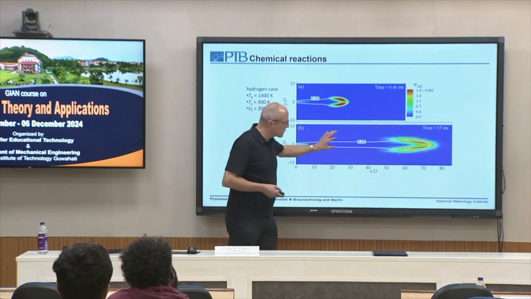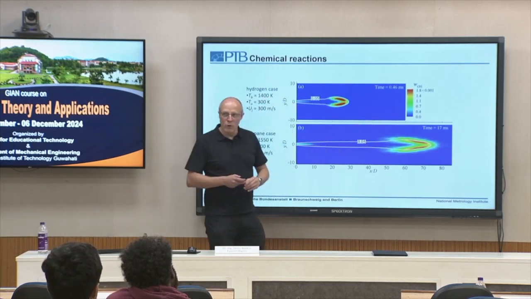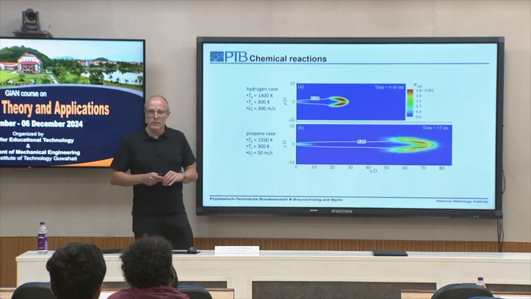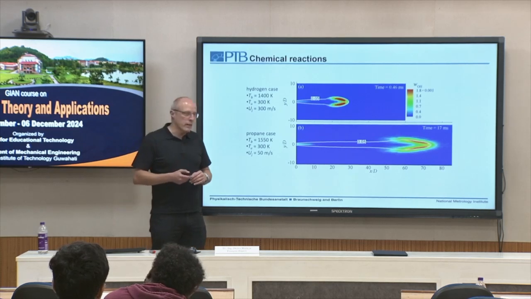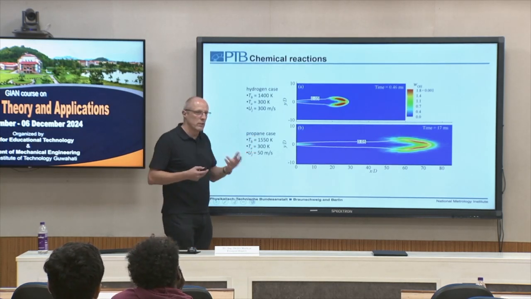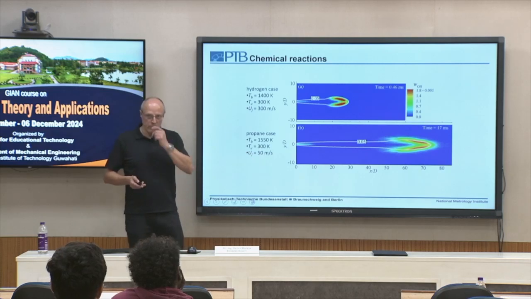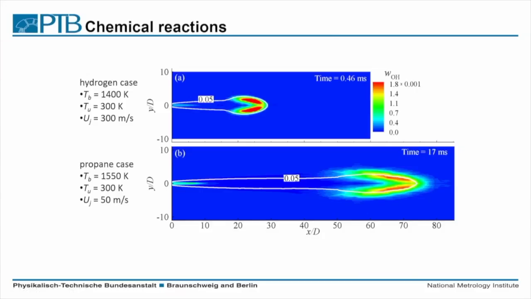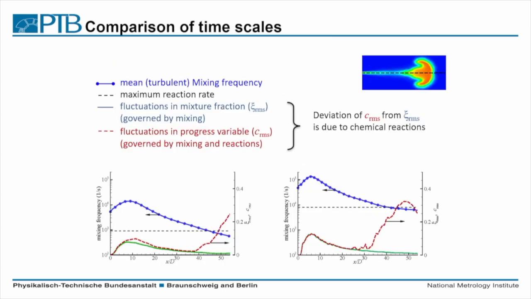So it takes a long time in a slow flow field until reaction occurs. If we decrease temperature here or increase velocity, we won't see an ignition at all. So this is why hydrogen, with respect to safety, is so difficult to handle. It's easy to ignite, and it ignites at much worse flow field conditions compared, for example, to propane.